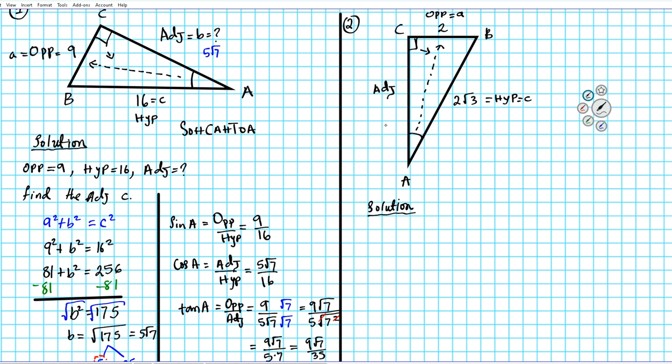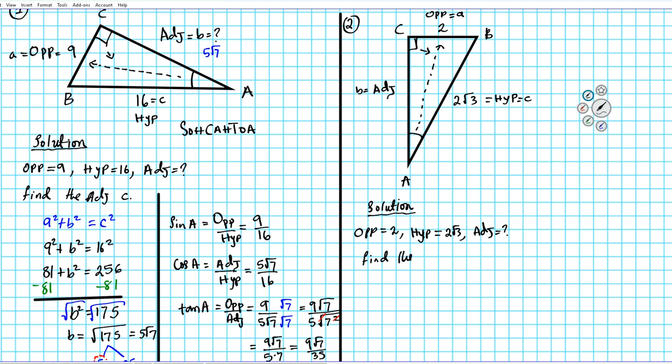So what is the adjacent, or little b? We don't know. Let's find it. So we have opposite is 2, our hypotenuse is 2 root 3, and the adjacent is unknown.